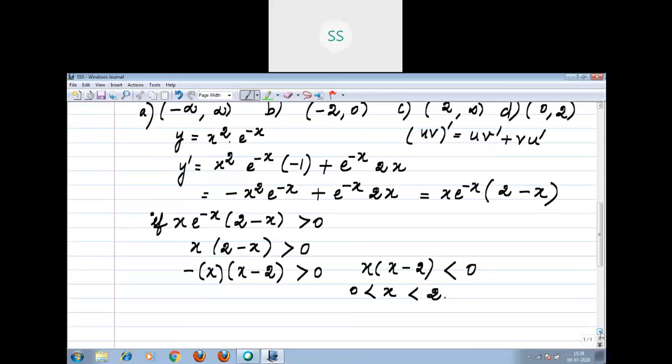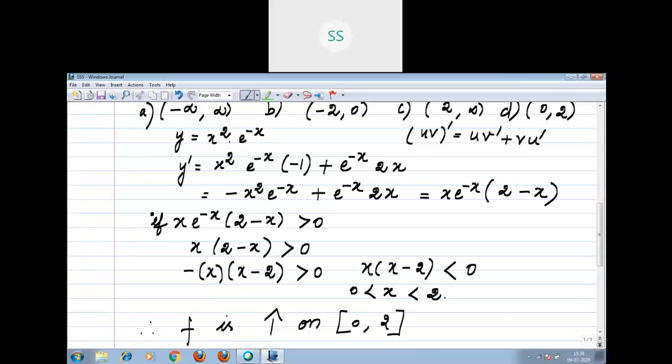Therefore, the function is increasing on the closed interval 0 comma 2. That option is correct. If the question were strictly increasing, the open interval 0 to 2 would be correct. But in the question it is given as increasing, so you may modify that option to the closed interval 0 comma 2. You people understood? Say yes or no?